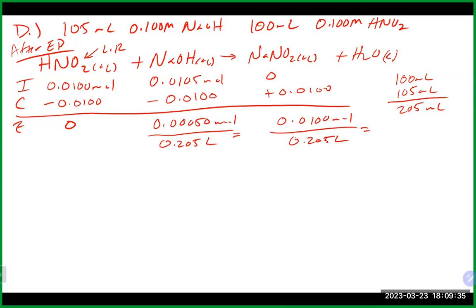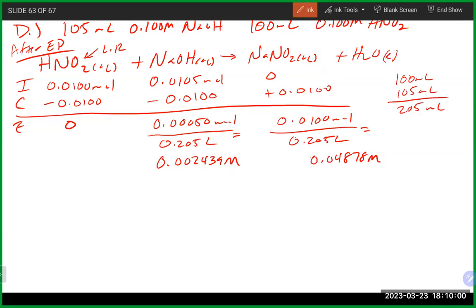That would get us 0.0005 divided by 0.205, 0.002439, and 0.01 divided by 0.205, 0.04878.